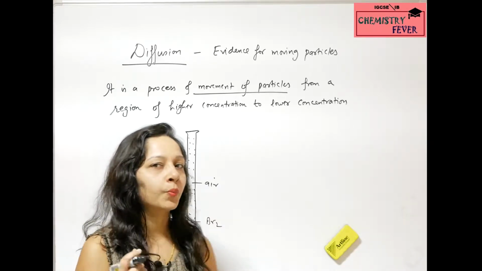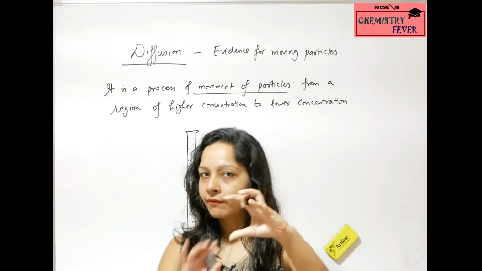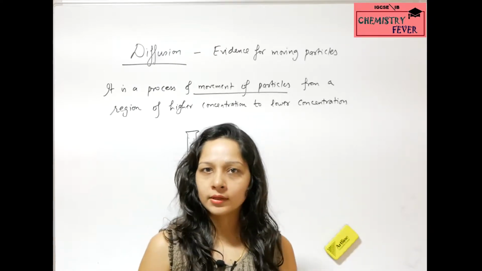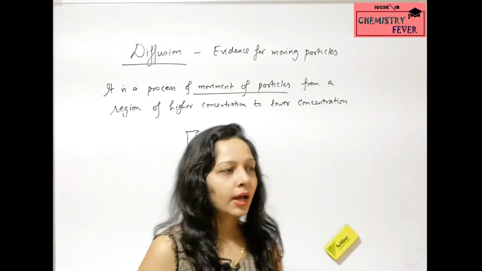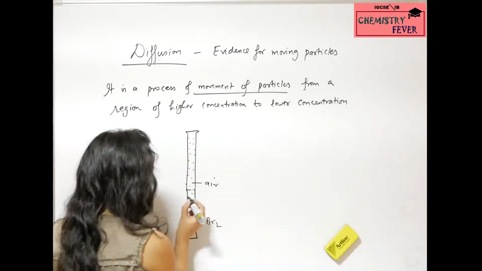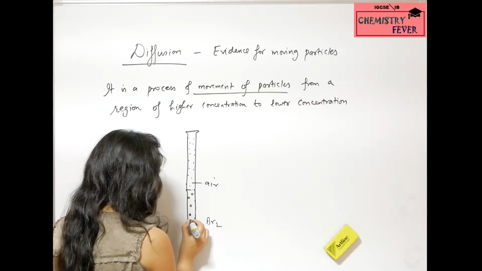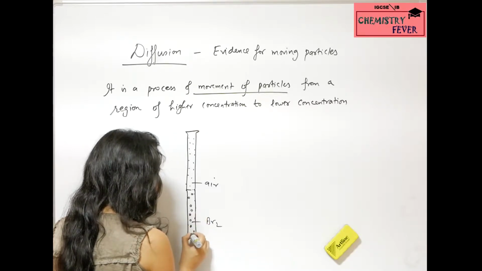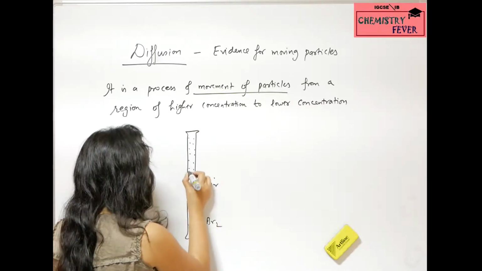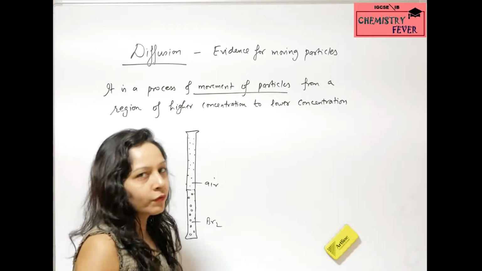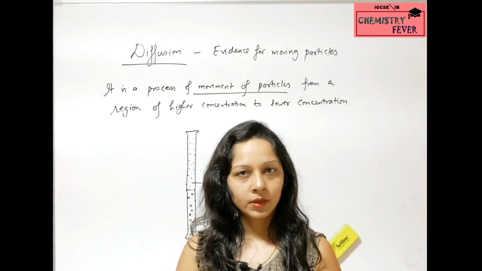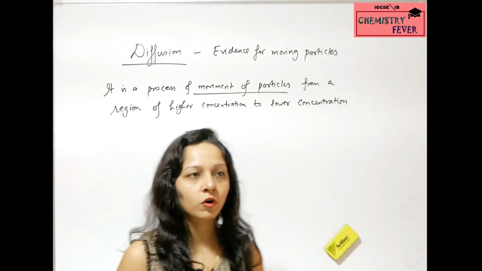Bromine gas is reddish brown. In the beginning, the upper half contains air, maybe oxygen and other gases which are colorless, and I'm representing these big circles as colored bromine and these small dots as colorless gas. If you leave this setup for some time, say 2-3 minutes, what will you observe?